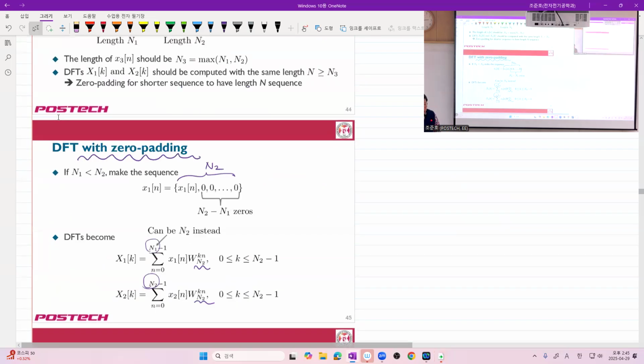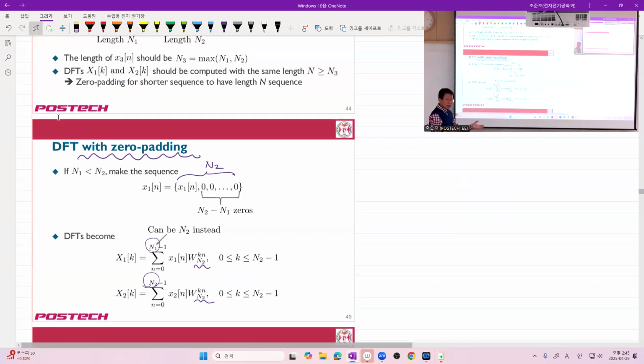Anyway, here goes the subtlety in zero padding. And the question is this one. What's the difference between the DFT of this part and the DFT of that one? Suppose you have a vector of length 5.